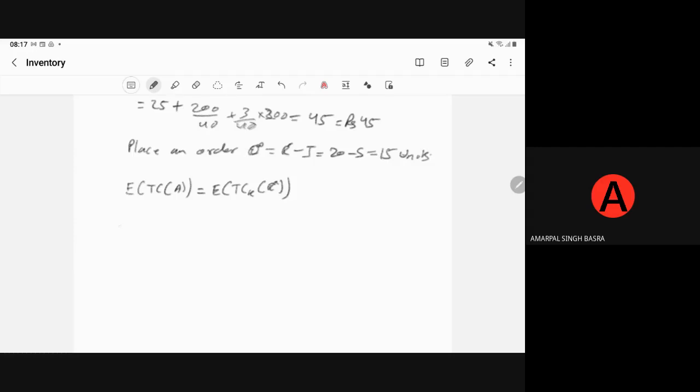So when we are not placing an order, at that time there is no setup cost, no purchase cost, only the holding cost. So 0 to A, (A minus x) dx/40, plus 3 into A to 40, (x minus A) 1/40 dx.